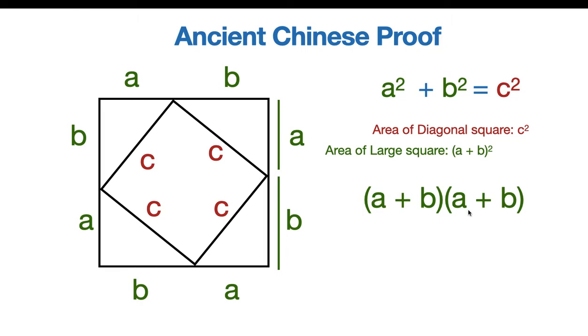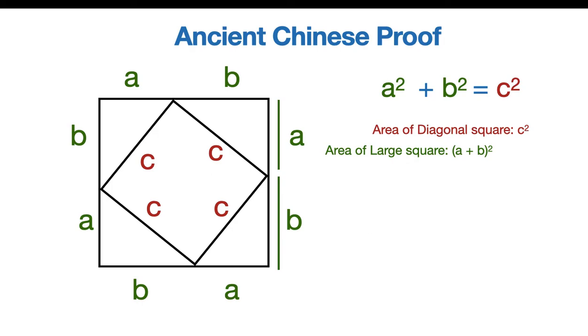So a times a is a squared, and a times b would be ab, so plus ab. And b times a is also ab, and b times b is b squared. So we have a squared plus ab plus ab plus b squared. Now we can combine like terms, so ab plus ab equals 2ab, and that's it. So we have expanded it, and a squared plus 2ab plus b squared is the area of the large square.